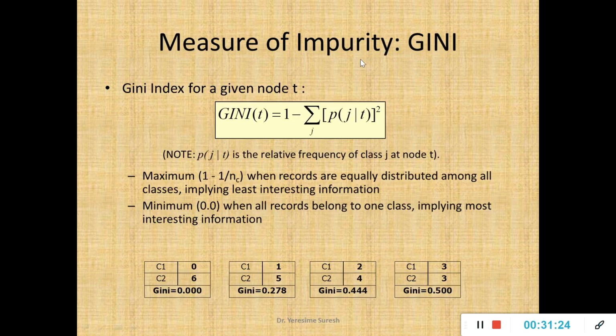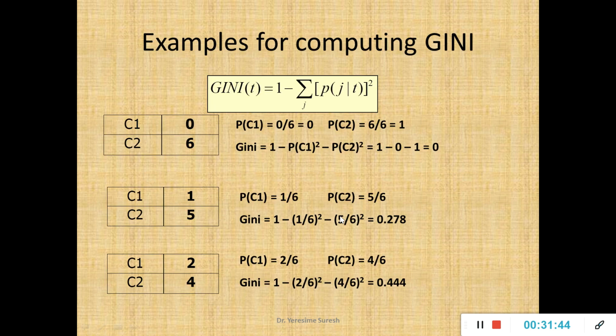We'll see an example of how to measure the impurity using Gini index. We have given the formulas for Gini index, entropy as well as misclassification error in the previous slide, and I've taken examples where I've split nodes C1 and C2 into different combinations and found the Gini index value. We'll see how to find it.